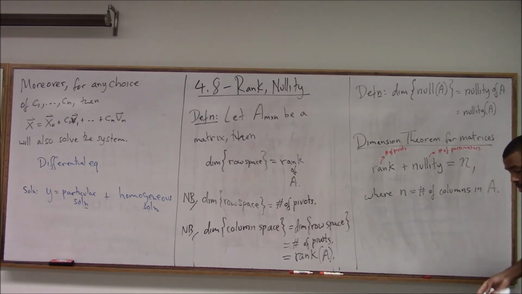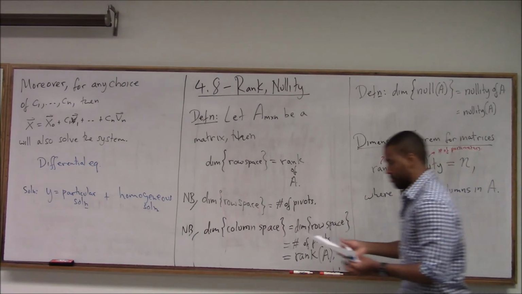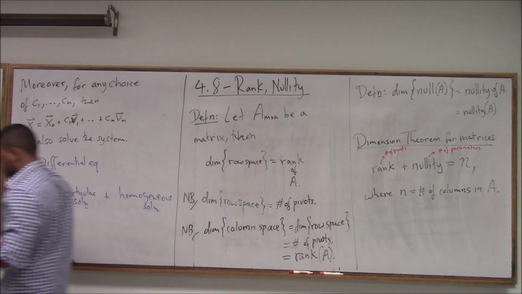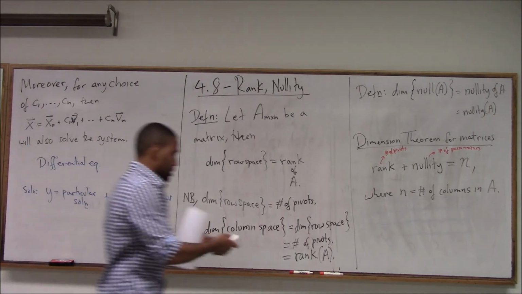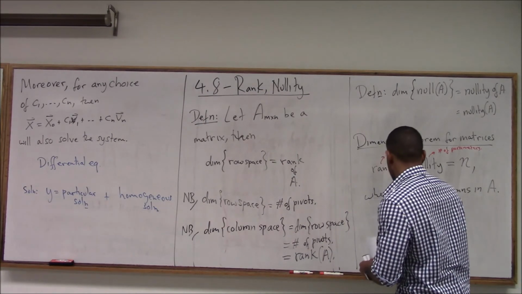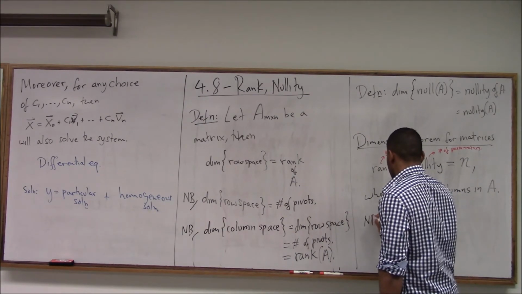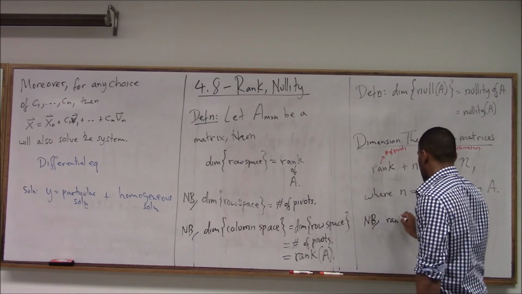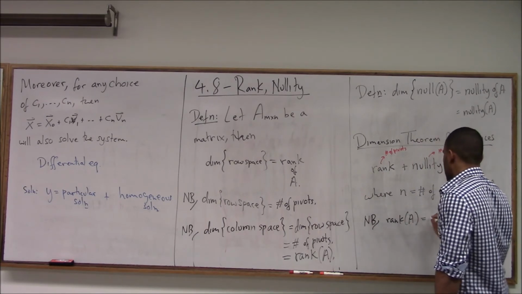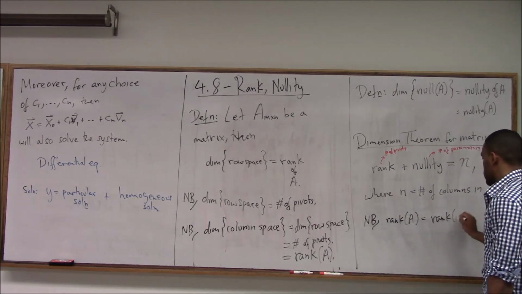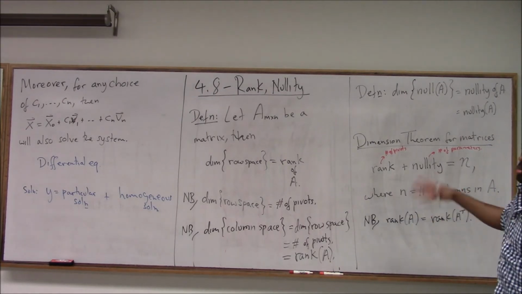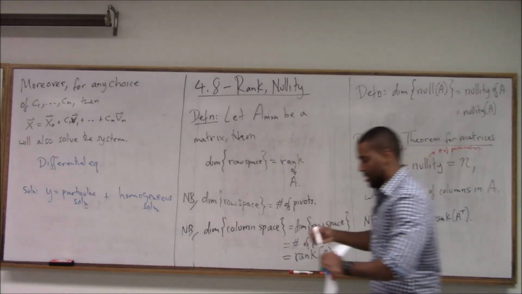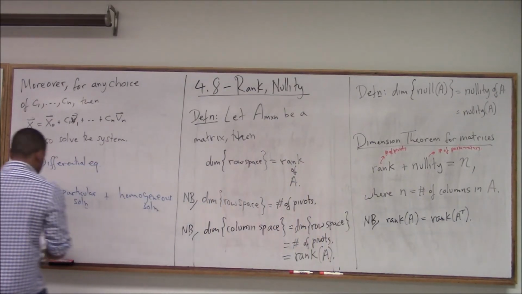Add those up, that's the total number of columns. I also put a note here. Rank of A happens to be the same as the rank of A transpose, because the column space is the same as the row space of the transpose. It'll be the same number of things.